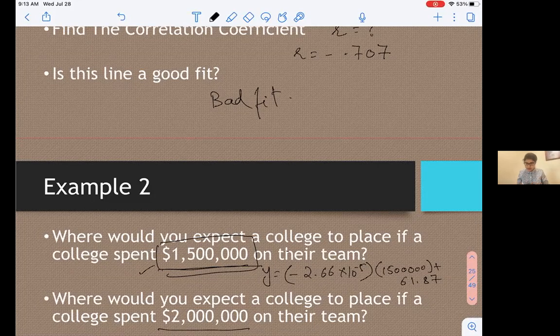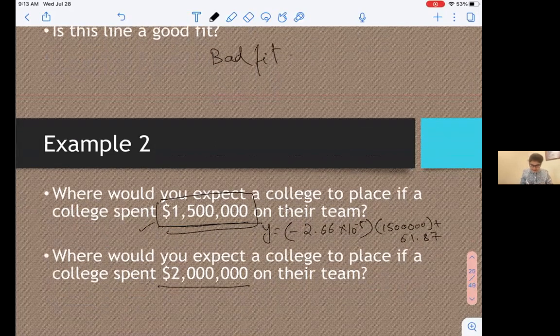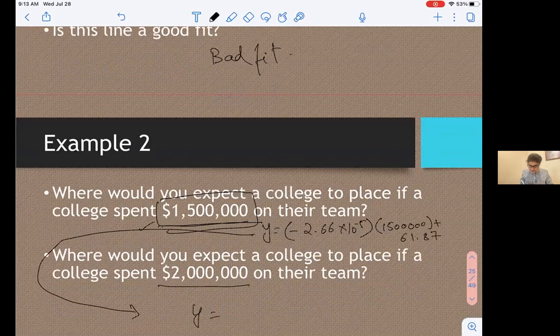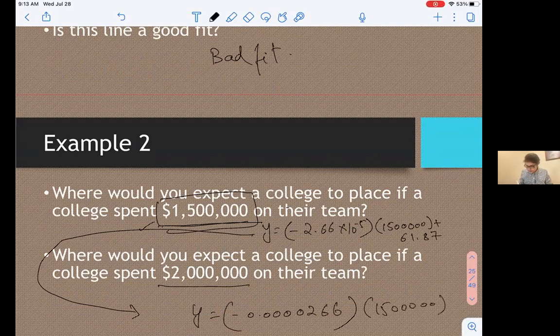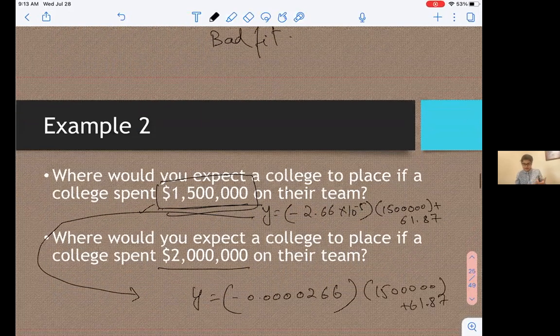What you have to do, either you can write it in this form on your calculator, that y equals minus 0.000266 times 15. Either you can write in scientific notation or you can write it in this form, plus 61.87, and then you have to calculate the value what it is.